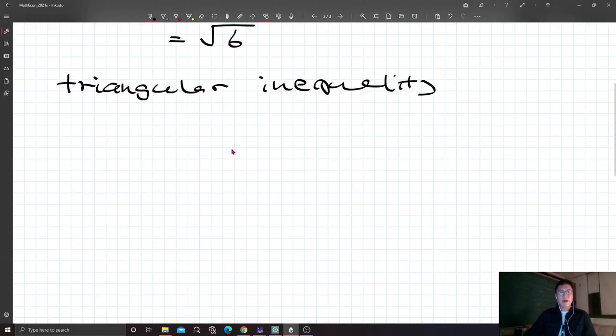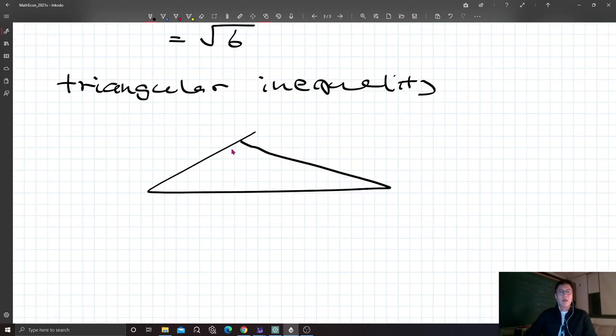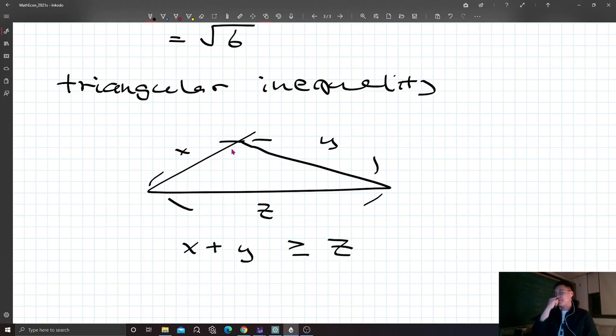If you have one triangle, then we know the sum of the lengths of any two sides is larger than the length of the other, right? So if this is x and this is y and this is z, then x plus y is always larger than z, right? And using this idea, we can define the triangular inequality.